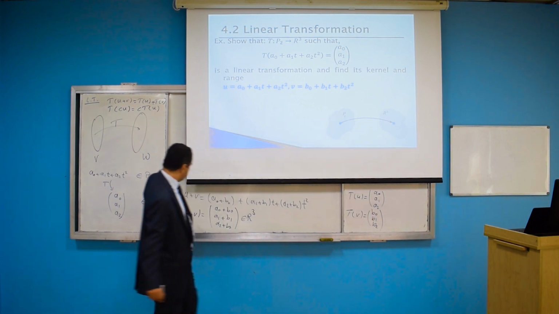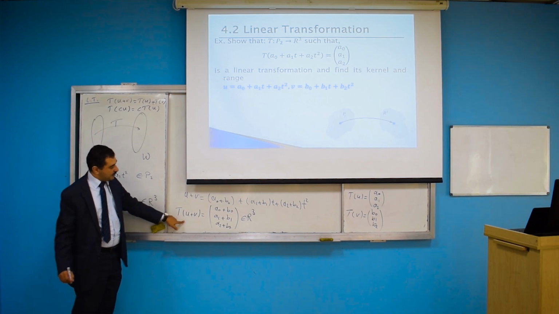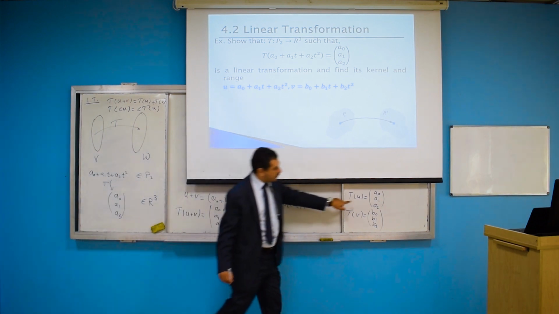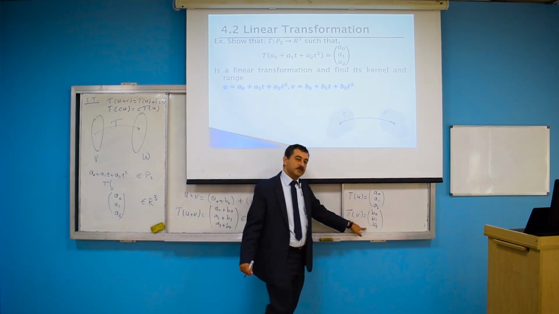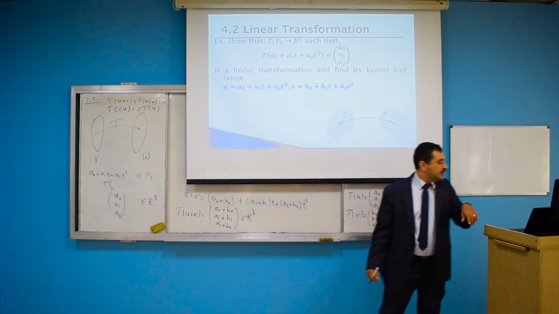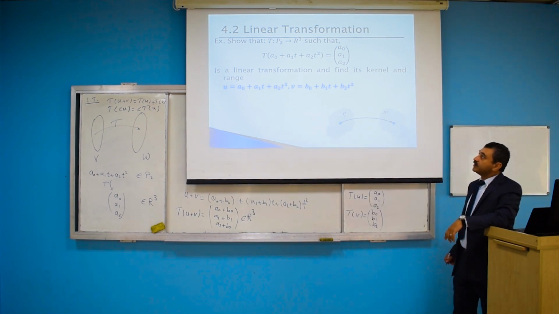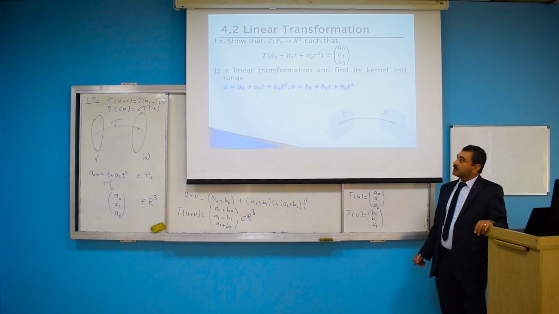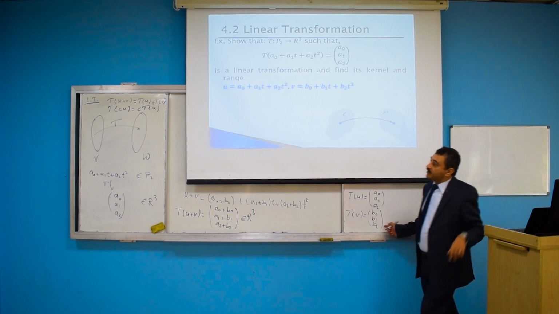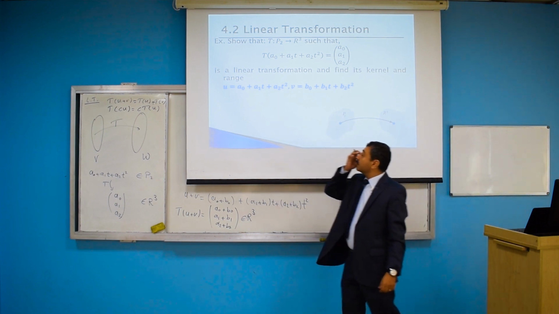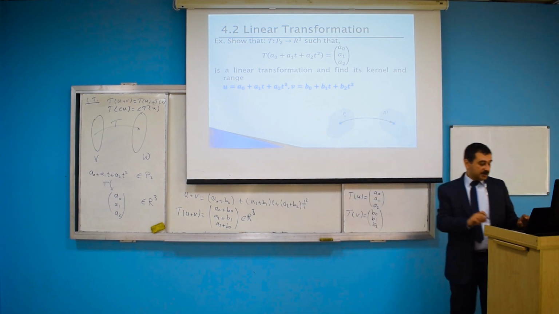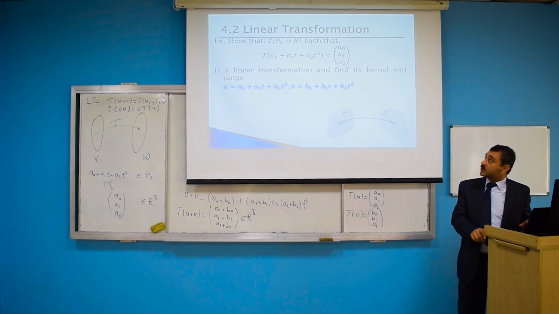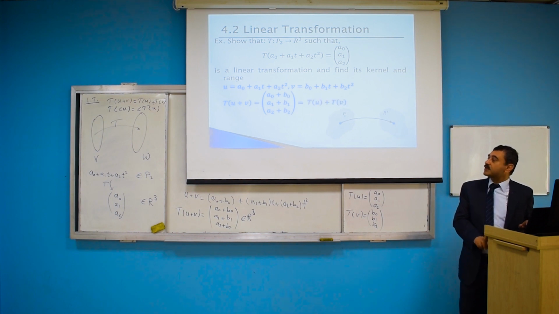So actually, transformation of U plus V equals transformation of U plus transformation of V. So this is the first condition for linear transformation. And similarly, you can check the second condition, and it is also satisfied. So the transformation here is a linear transformation.